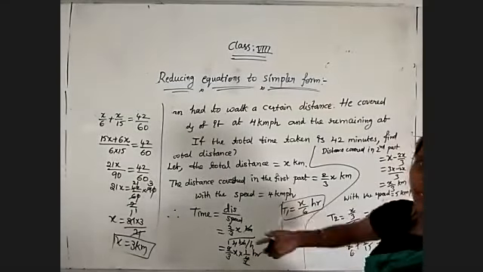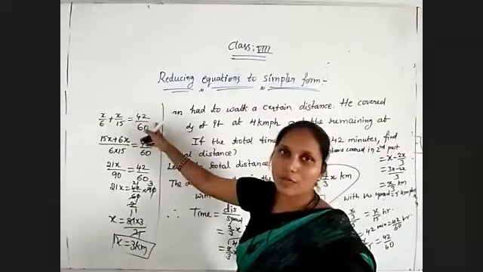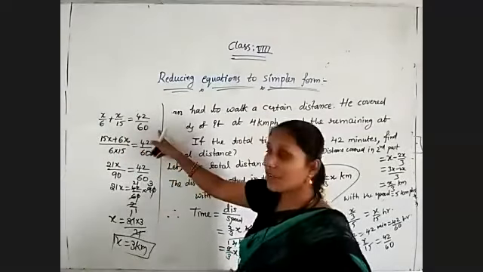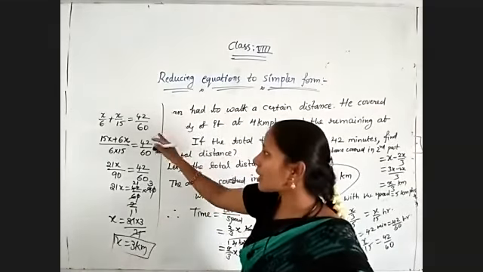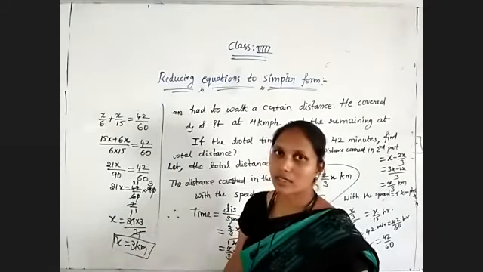We got total time equal to x by 6 plus x by 15, and they are given total time as 42 minutes. We got the simplification in hours, but they are given the condition in minutes, so convert that minutes also into hours. Simplify, and you will get the answer.